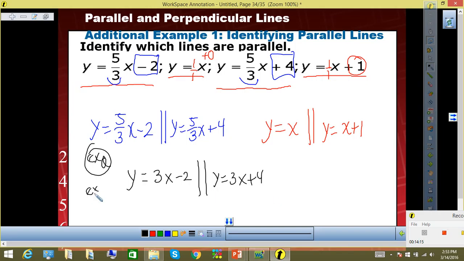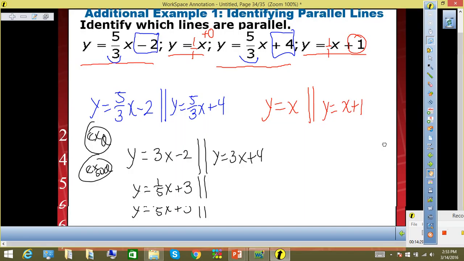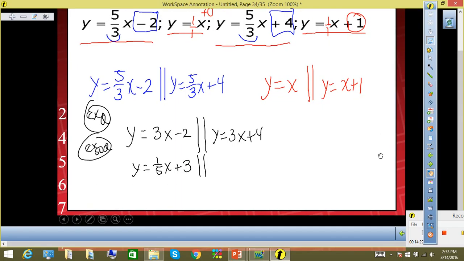Example super duper Q. Y equals 1/5 x plus 3. That one is parallel to which? Find me an equation that's parallel to that one.